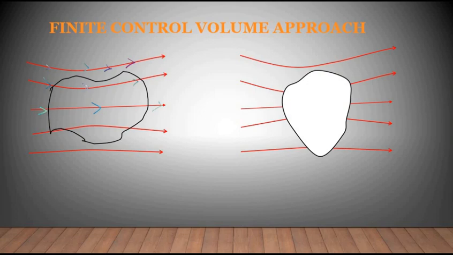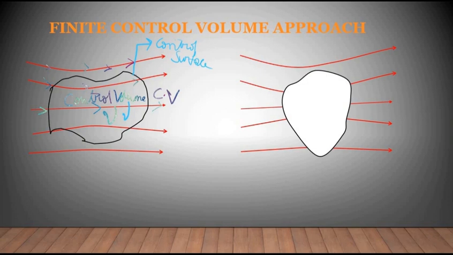I call this arbitrary space the control volume, in short known as CV, and this control volume is denoted by the letter V. And this black enclosure, what we have considered over here, we call our control surface. This is the first approach.